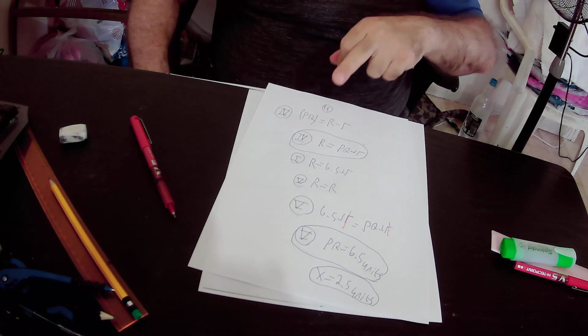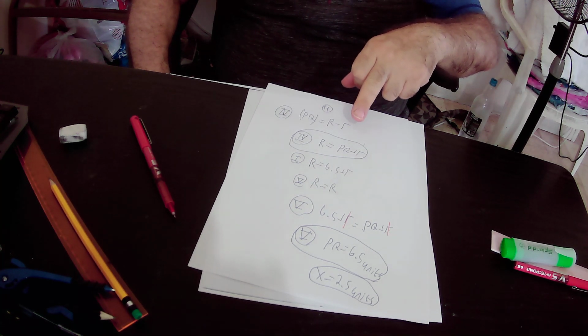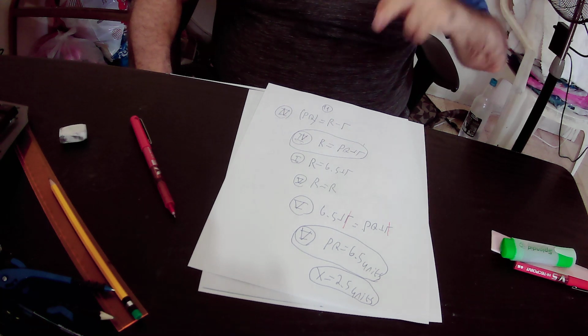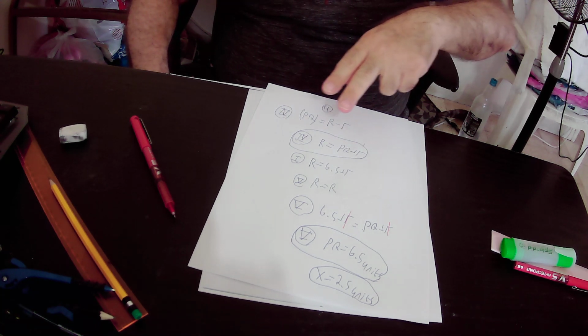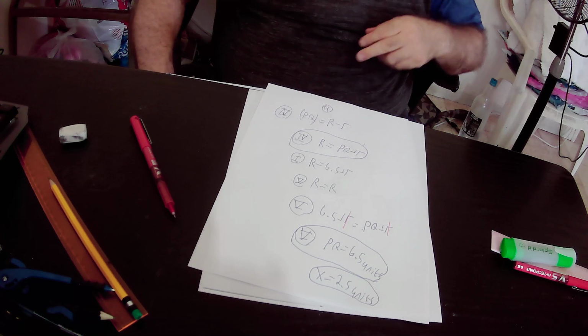Okay, so we got equation number 5 that states that capital R equals PQ plus R. But from equation number 1, we already know that capital R equals 6.5 plus small r.